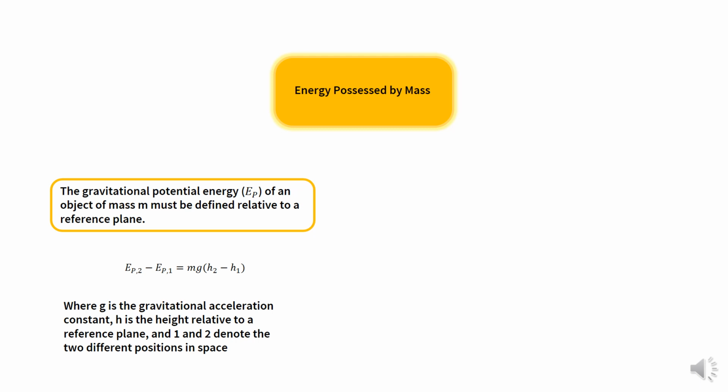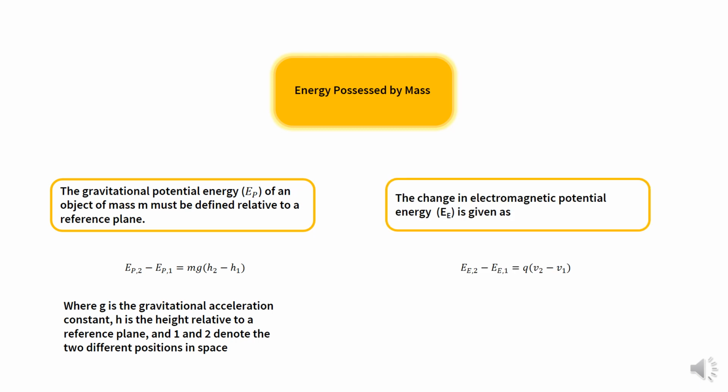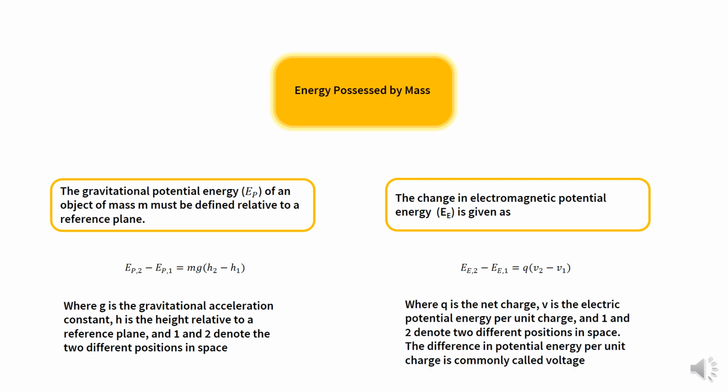In another case, the change in electromagnetic potential energy, EE, can be calculated using the formula in this slide, where Q is the net charge, V is the electric potential energy per unit charge, and 1 and 2 denote two different positions in space.